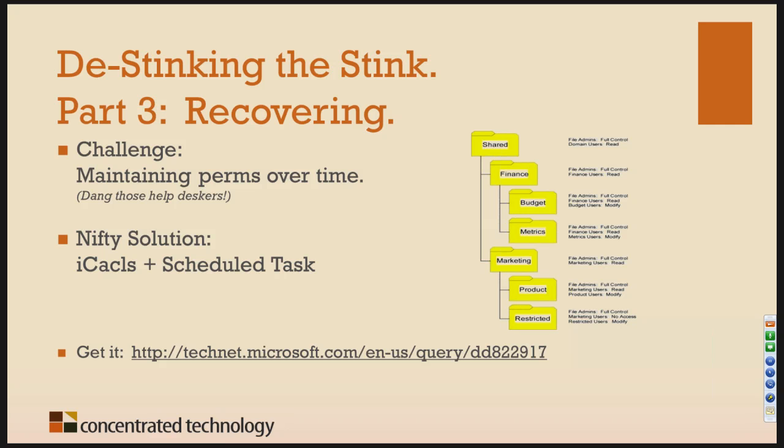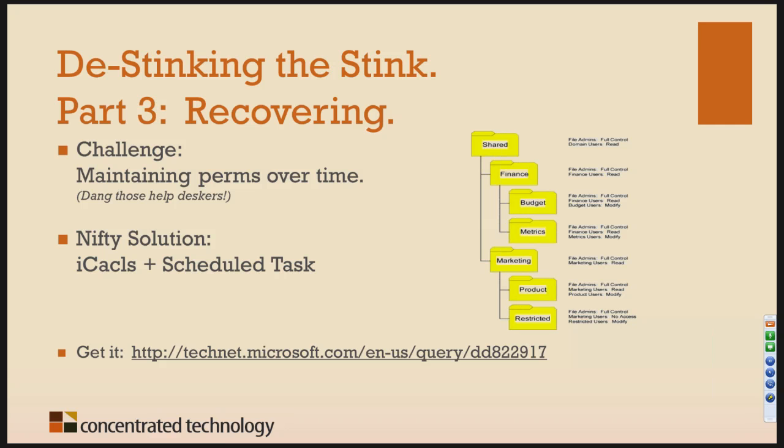So step one was to document those perms. Number two, set up that batch file as a scheduled task to repeat every evening. And number three, just watch it fix everything. So that was my solution there.